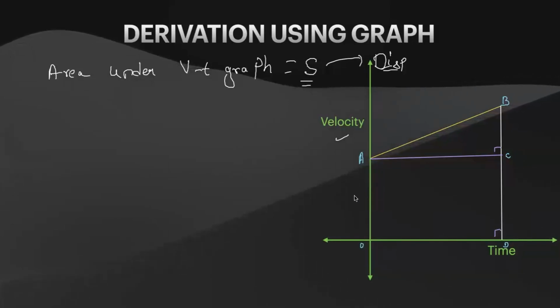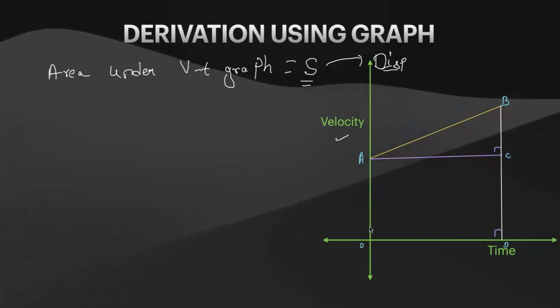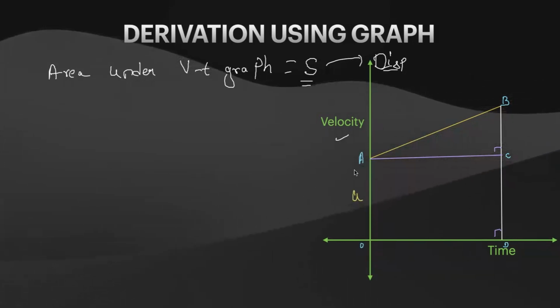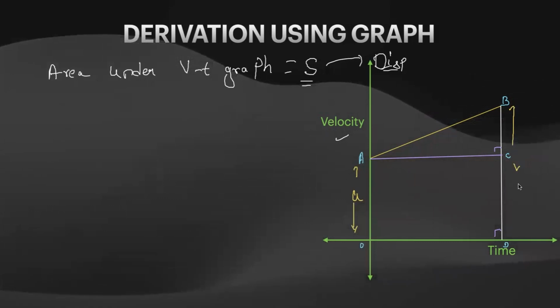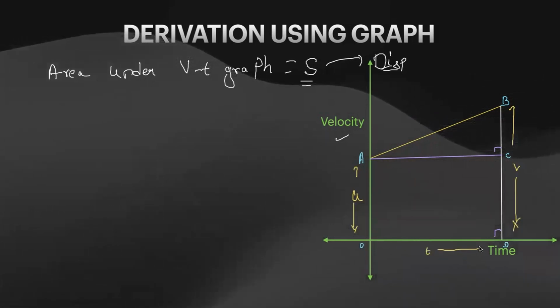OA is nothing but the initial velocity. At time t equal to 0, the car has some velocity, that is the initial velocity. At time t equal to t, the car has some velocity, that is the final velocity. And OD is nothing but the time taken.